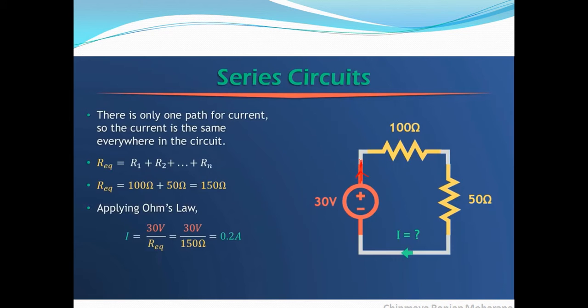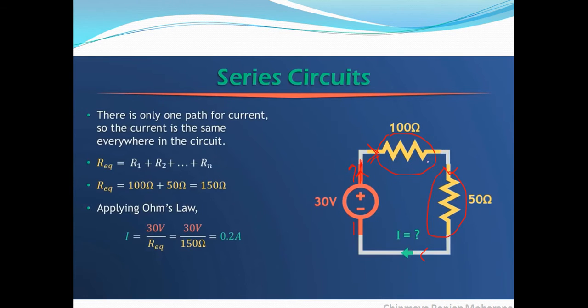This is the inlet flow, and that flow will come out at this point. Here you can see in this branch, in this element, the current direction is like this. And here also the current direction is the same, and here also the same. That means the current direction is the same, meaning these two elements are connected in series.